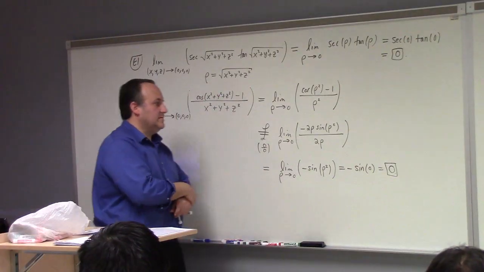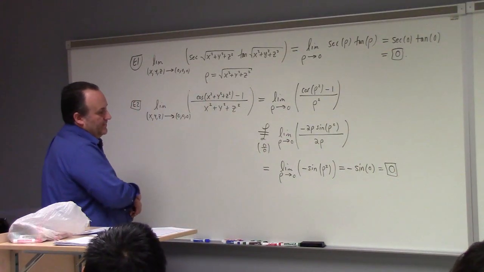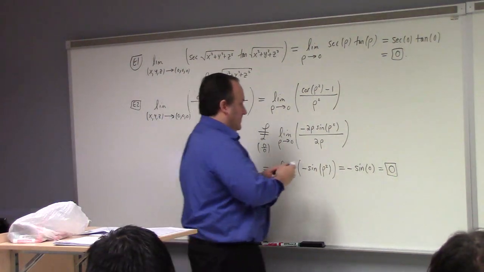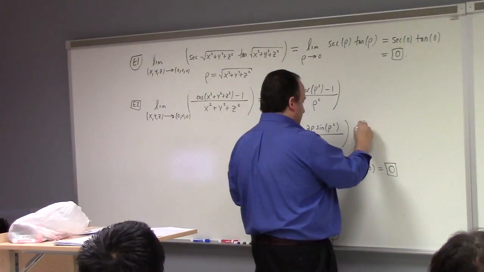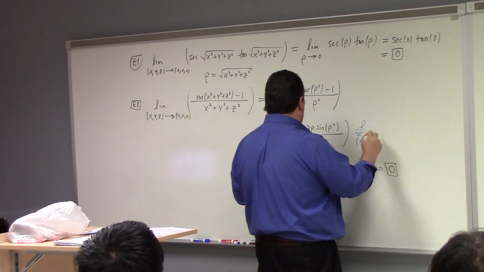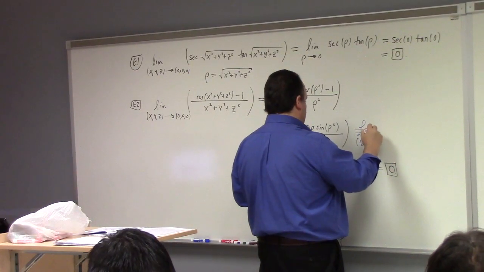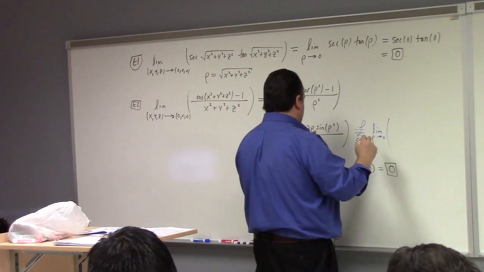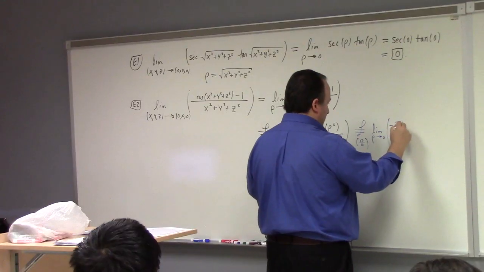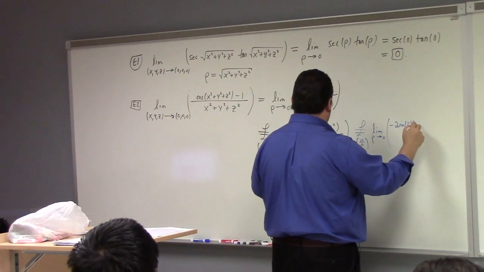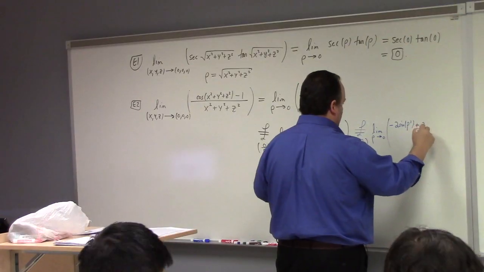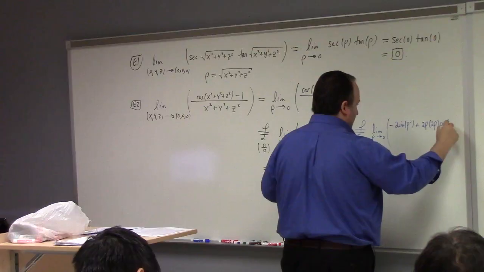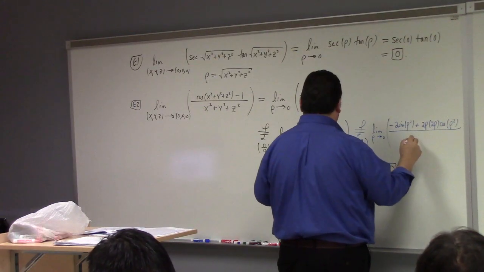Now, if we did what you're saying, we'd get the same answer. Check it out. L'Hopital, 0 over 0. That gives me, I may regret this, the product rule gives me minus 2 sine of rho squared plus 2 rho times 2 rho cosine of rho squared, divided by 2.